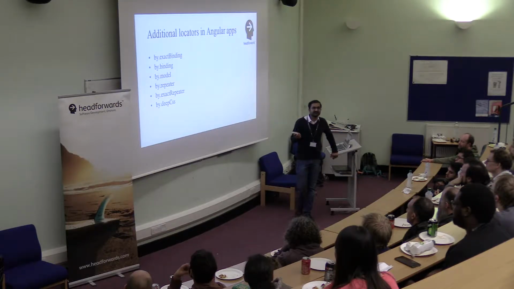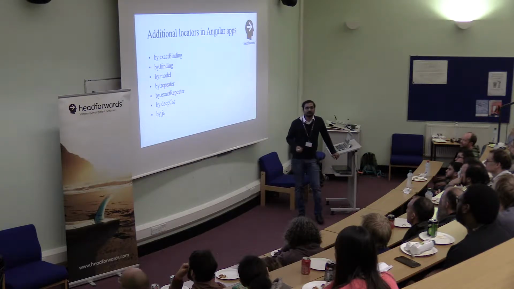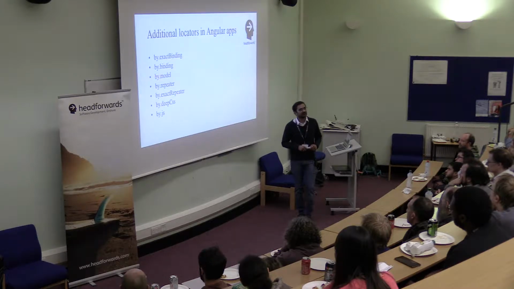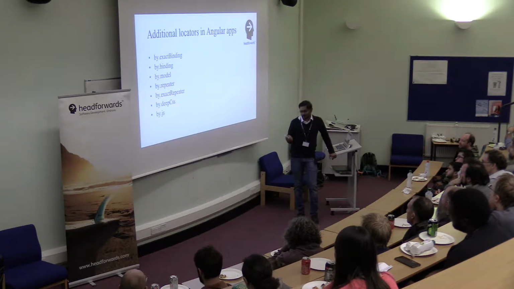So by using deep CSS we can go through that DOM and access those elements. And the next one is by JS. This is an expression we use to find elements; we don't need any elements here. We write an expression, and from the result of the expression itself we can find whether it's working accordingly or not.